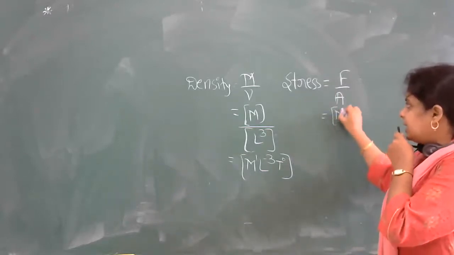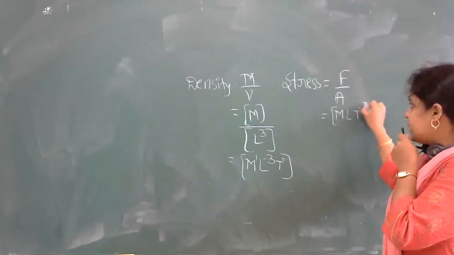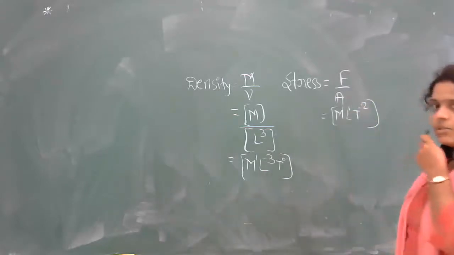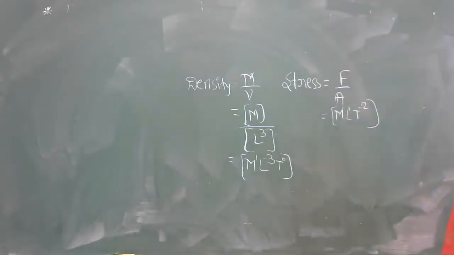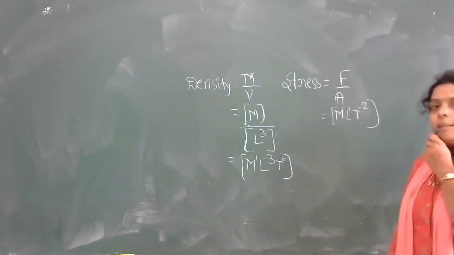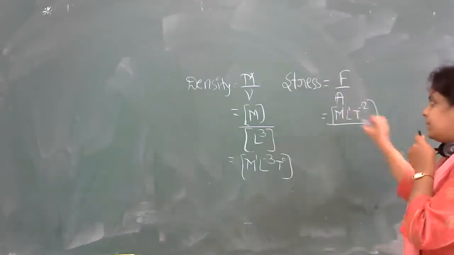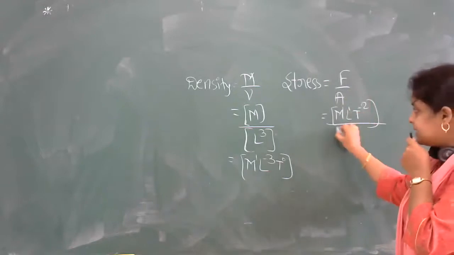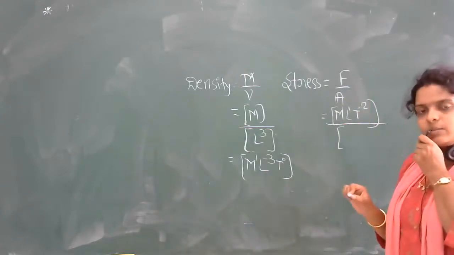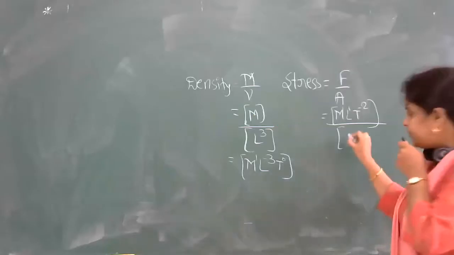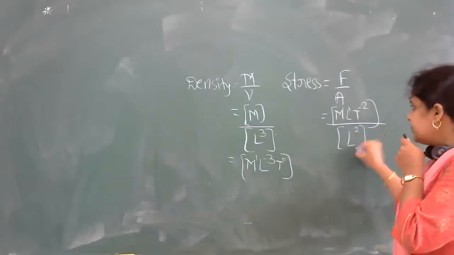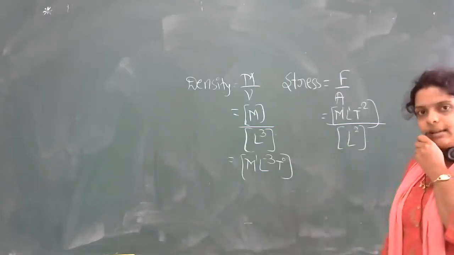Directly I'll write M L T raised to minus 2, that is M raised to 1, L raised to 1, T raised to minus 2, divided by area. Area is length into breadth. Therefore, it can be written as L raised to 2.